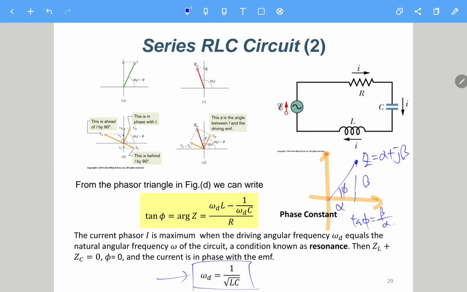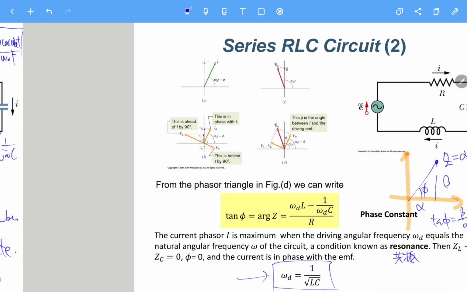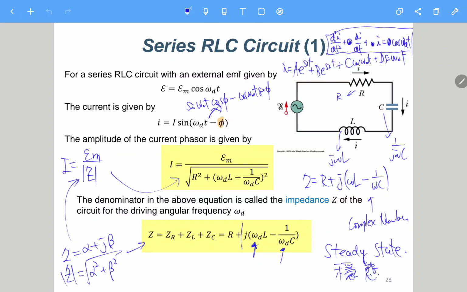And what does it mean? This is the so-called resonant frequency, 共振频率, which means that if the imaginary part of Z is 0, then it will be resonant.